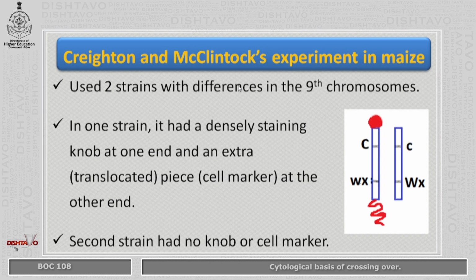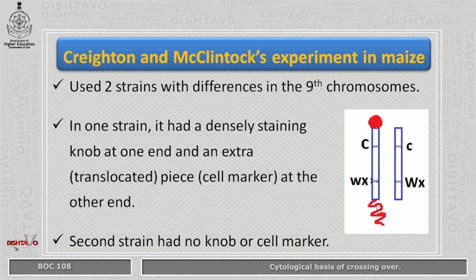In Creighton and McClintock's experiment in maize, they also used two strains of maize plants. These two strains showed differences in their 9th chromosomes. In one strain, the 9th chromosome had a densely staining knob at one end and an extra translocated piece at the other end.